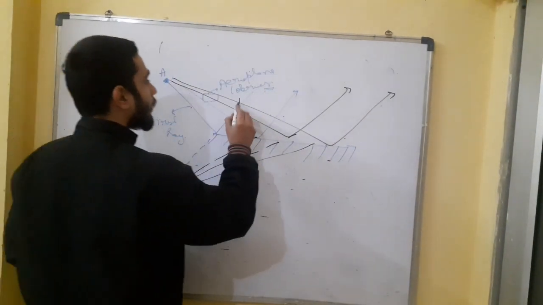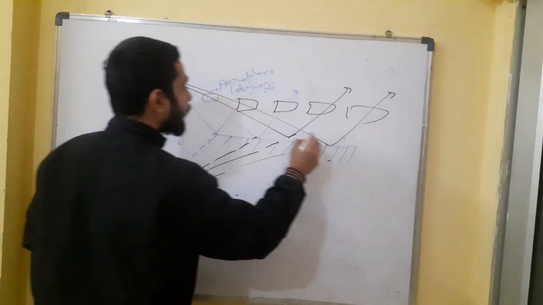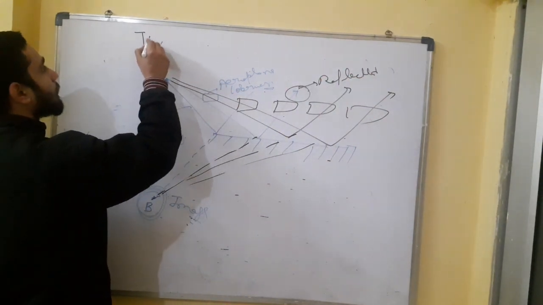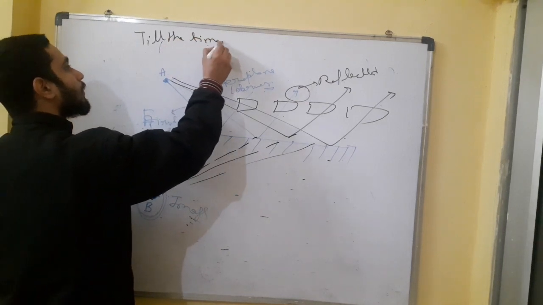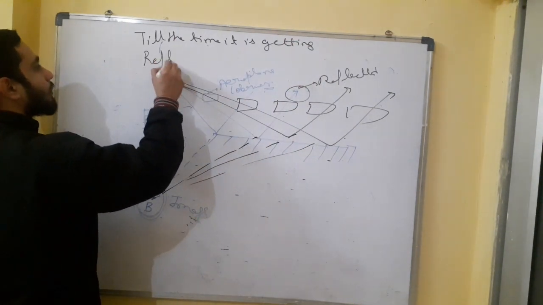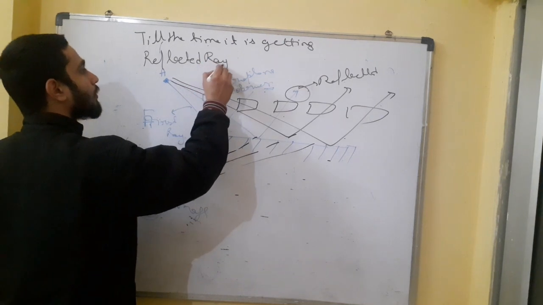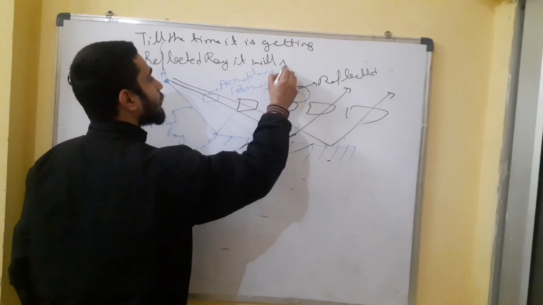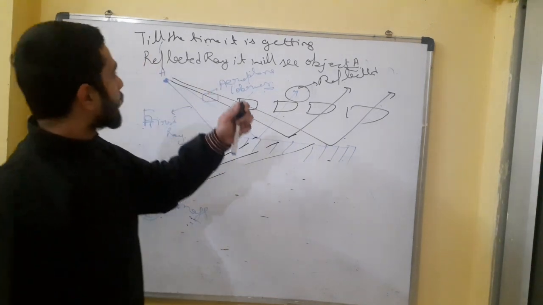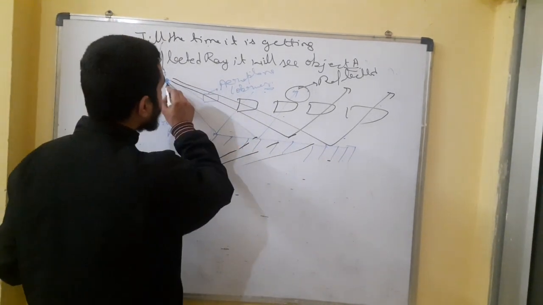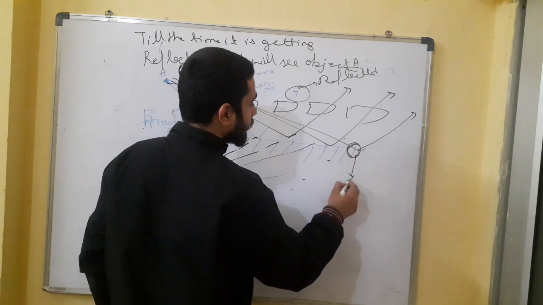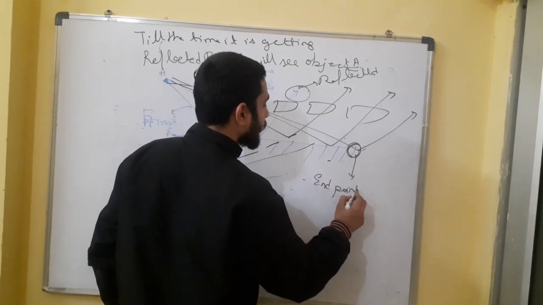Till the time it is getting these reflected rays of this object A, it will see object A. Till the time it is getting a reflected ray, the last ray will be at this end point of the mirror. This is the end point of the mirror.